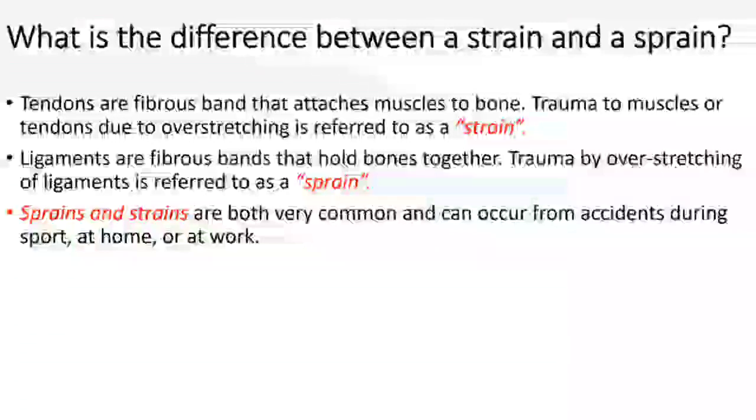Ligaments are fibrous bands that hold bones together. Trauma by overstretching of ligaments is referred to as a sprain.